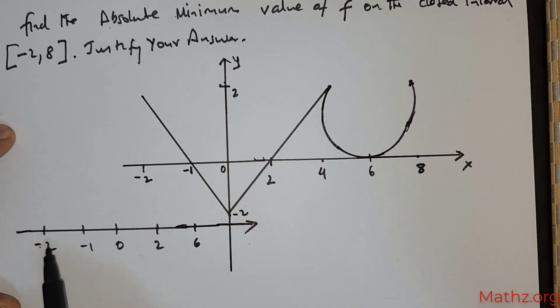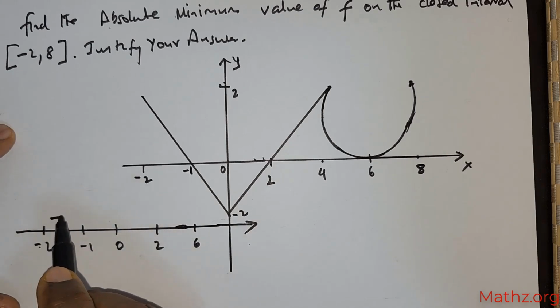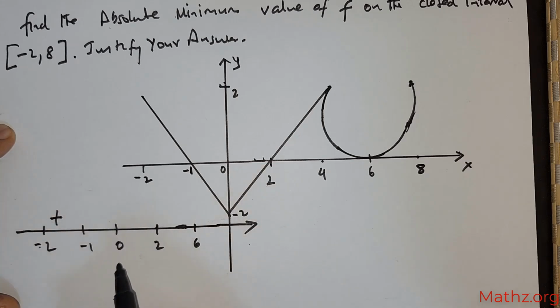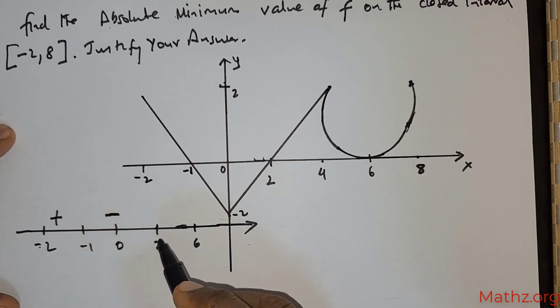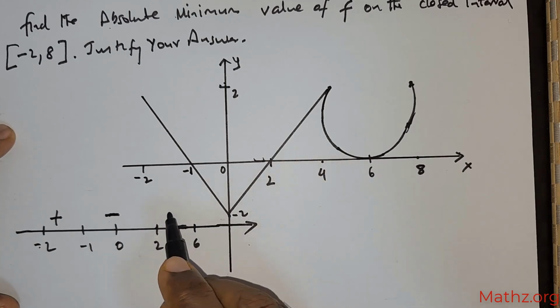Between −2 and −1, the graph is going up, so it's positive. Between −1 and 2, the graph is going down, so the sign is negative. Between 2 and 6, the graph is going up, so it's positive there.